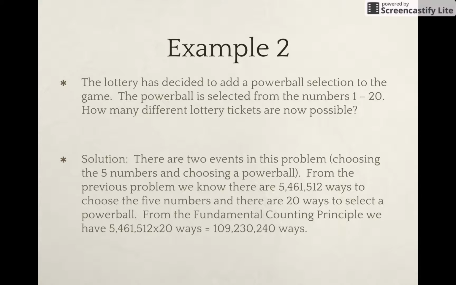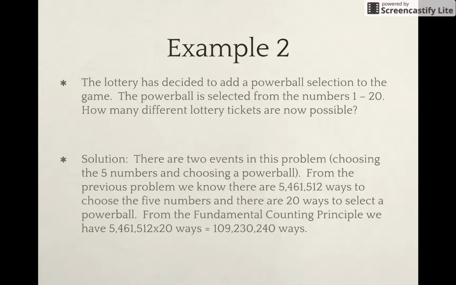And so in this case, we have two events. We have the event of selecting the 5 numbers, and we have the event of choosing our Powerball. Well, in the previous problem, we found how many ways we could choose 5 numbers, 5,461,512.